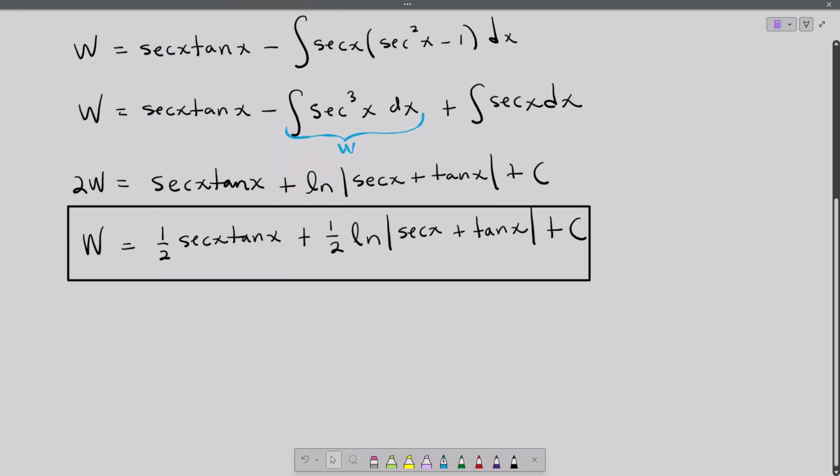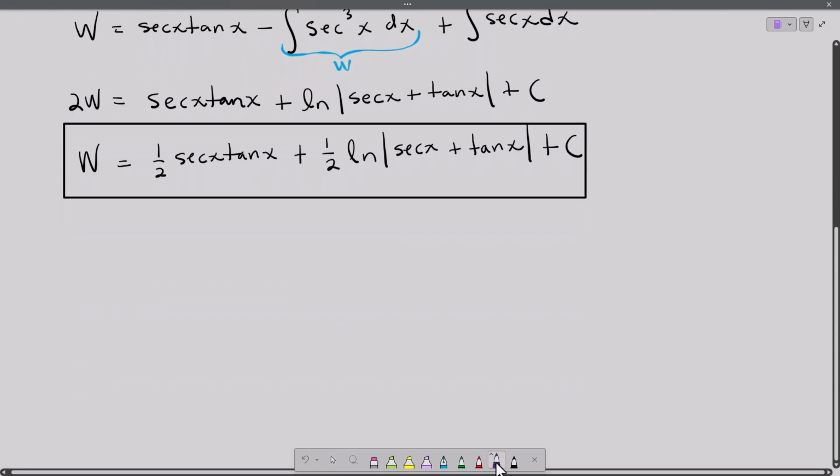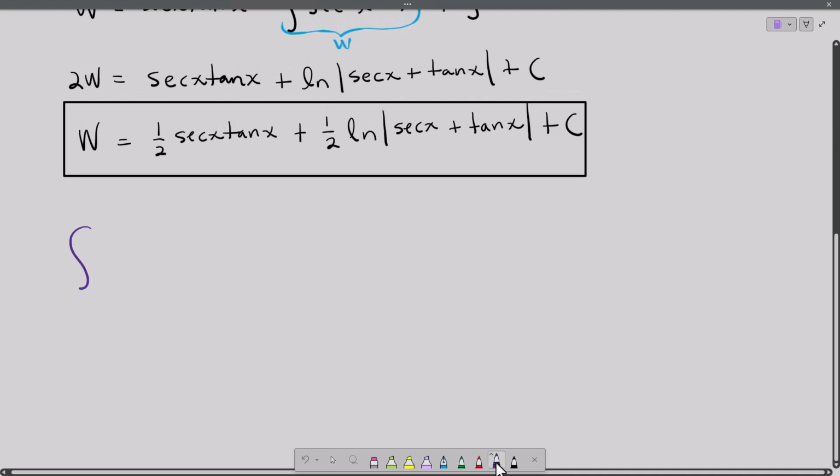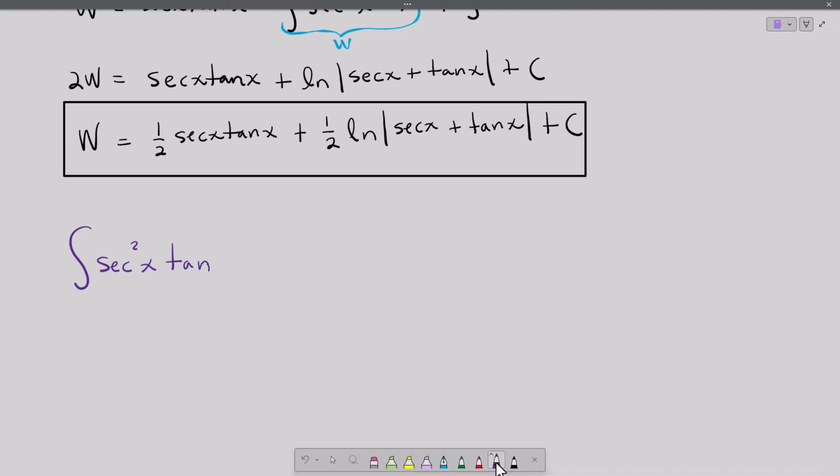Yeah, and that's a good point. Look at how different this integral would be. If we had the integral of secant squared of x tangent, let's just say tangent to the fourth of x. That one's easy. What are we going to let u equal?